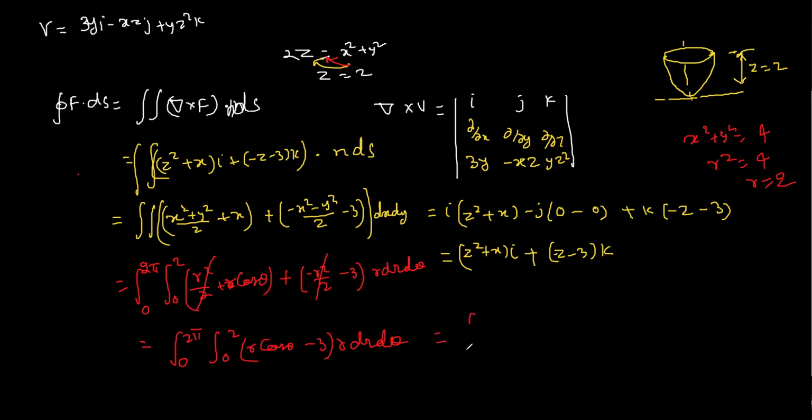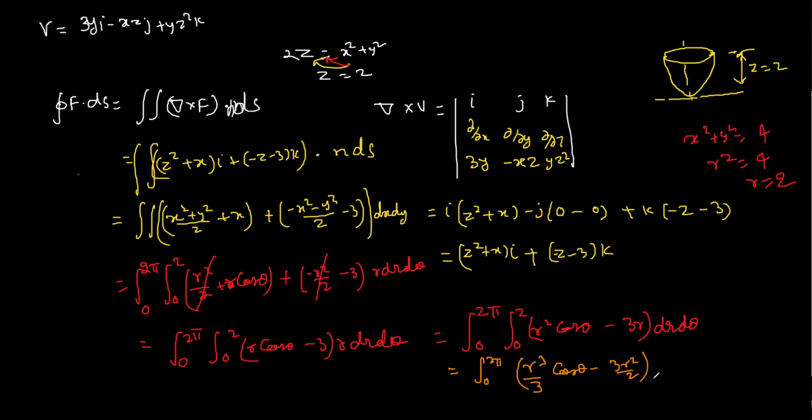Okay. So r square cos theta minus 3r, dr d theta. First we integrate with respect to r: r cube by 3 cos theta minus 3r square by 2, from 0 to 2.